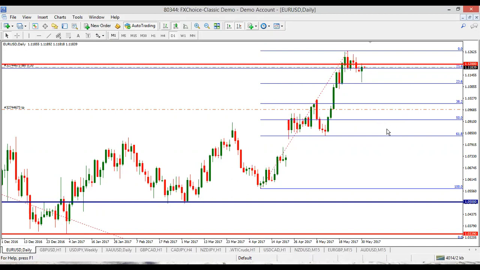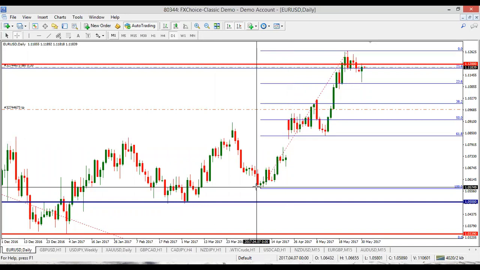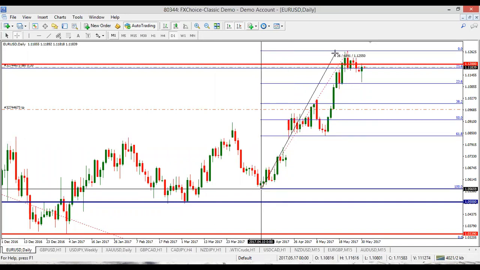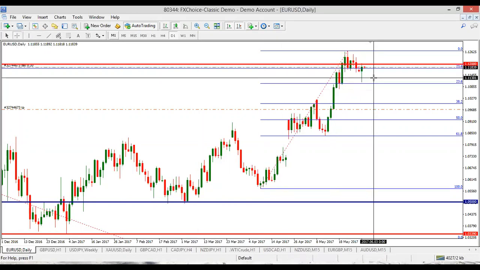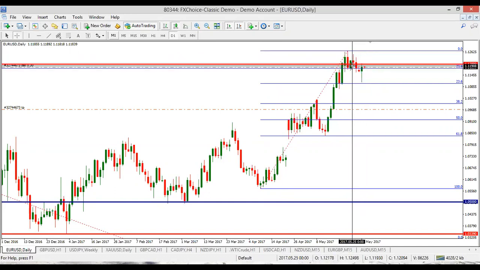That's what we are looking for. And as far as AB equals CD is concerned, AB was 600 or 700 pips. We should be looking for half of 700 pips, which is about 350 pips. So out of the 350 pips, if we can have 300, it should be okay.